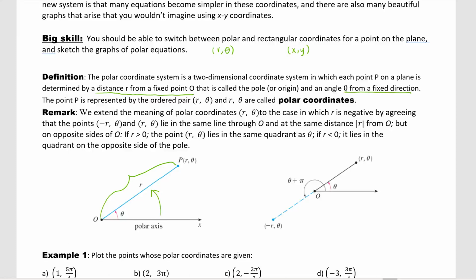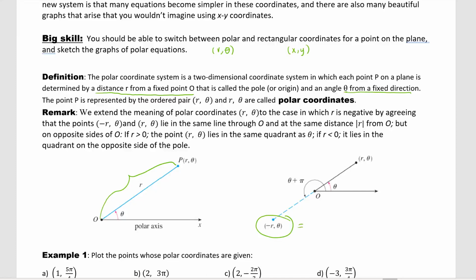Okay, and so when r is negative, it's just like we're on the same line, but we go backwards. So this point is now (-r, theta).